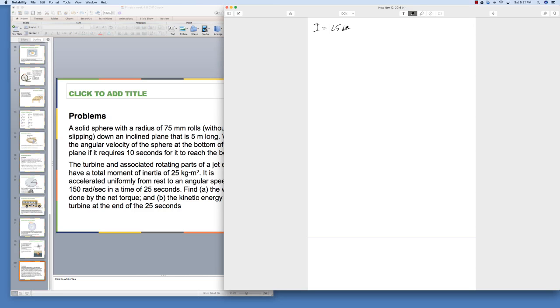So we know that I is equal to 25 kilogram meters squared. We know that its omega is 150 at the end. And we know that this happens in 25 seconds.